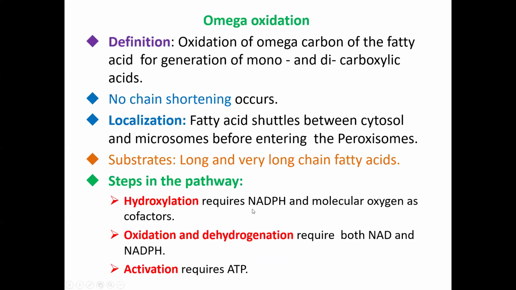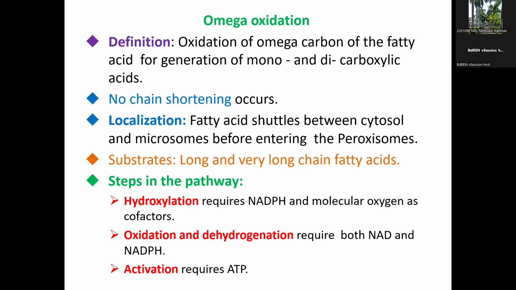Then omega oxidation. It is a very important but very minor oxidation of the fatty acid. You know, some fatty acids are omega fatty acids. So the omega carbons of the fatty acids are oxidized for the generation of mono or dicarboxylic acid.